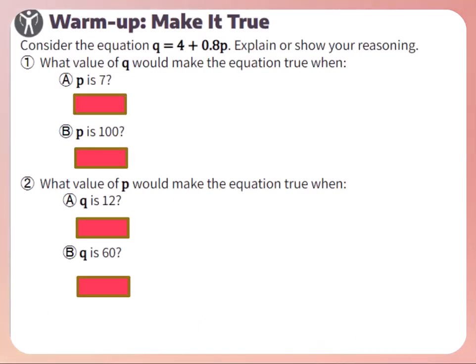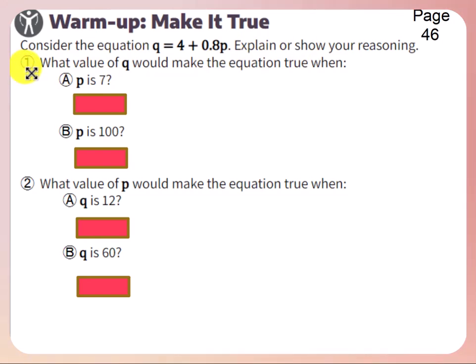Start with the warm-up. The warm-up is on page 46, and we're going to be looking at the equation Q equals 4 plus 0.8p. I want you to take some time to explain or show your reasoning.